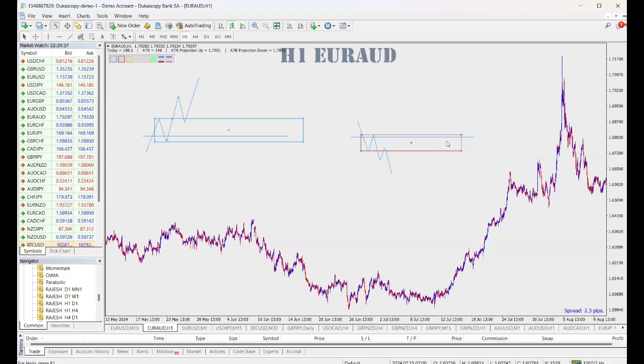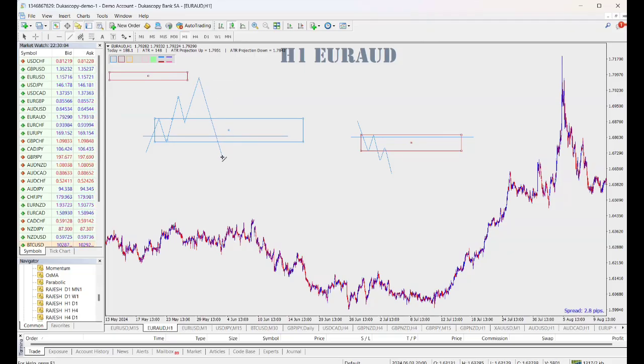Now, that's one way that flag limits can be created. It can be created on the break of a significant support or resistance key level. Another way we can make a flag limit is when price breaks another flag limit, which is known as the swap of the flag limit.